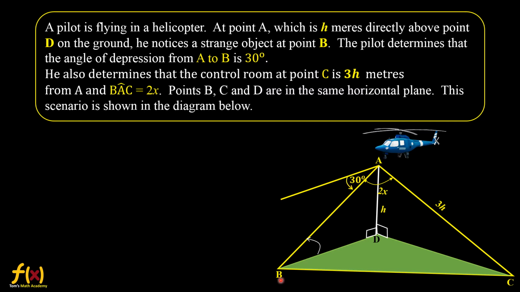Look at the object is down. So it's called angle of depression. Now that is 30 degree. Again, the distance from the helicopter to the control room C is also given in the question. That is 3h meters. And one more information. Angle BAC is 2x. So these are the given information.